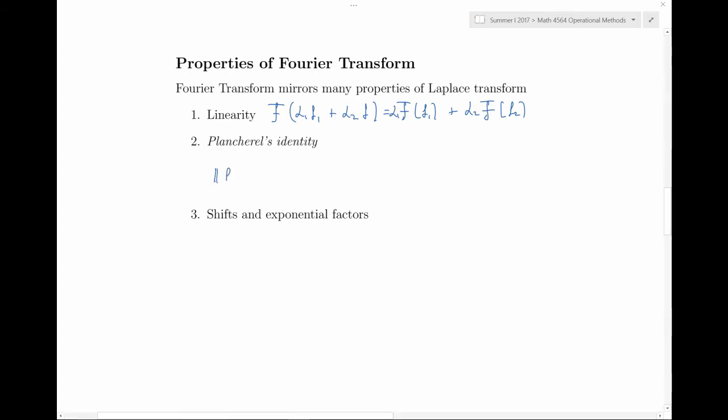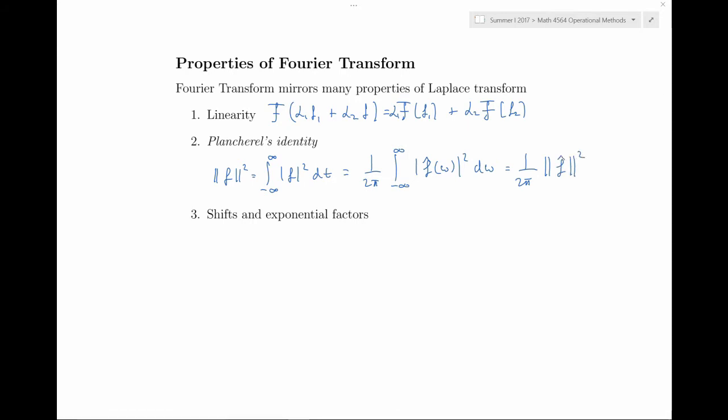So the norm squared of f, which is the integral from minus infinity to infinity of the absolute value of f squared dt, equals 1 over 2 pi the norm of the Fourier transform, the integral of the absolute value of f hat of omega squared d omega, which is 1 over 2 pi the norm of f hat squared.